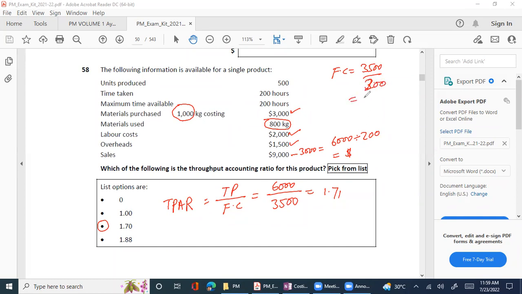So I will arrive at a per hour answer. Is this 30? And 3,500 over 200 will be how much? 17.5. So 30 per hour over 17.5 per hour, so it must be 1.71. Please check.